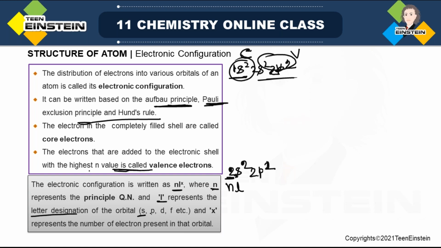We know that the letter designation is s when l value is 0, p when l is 1. Similarly, for l equal to 2 and 3, it is d and f respectively. And x here is the number of electrons. So the general format is nl^x. Now it may be 2s2, 2p2, or 3d5, 4f13, like this.